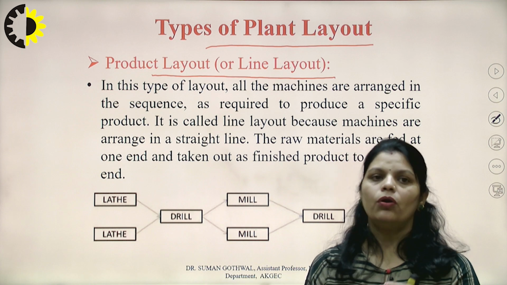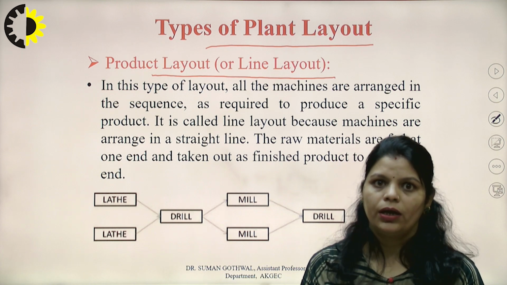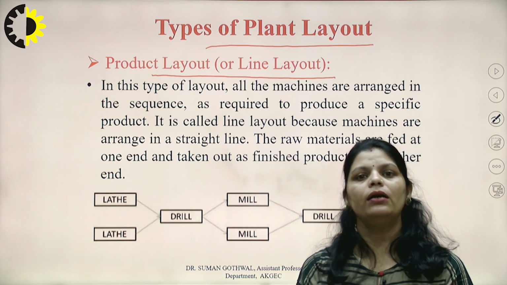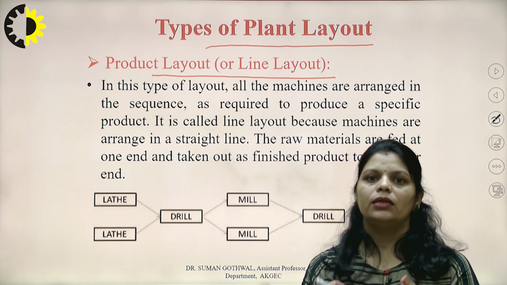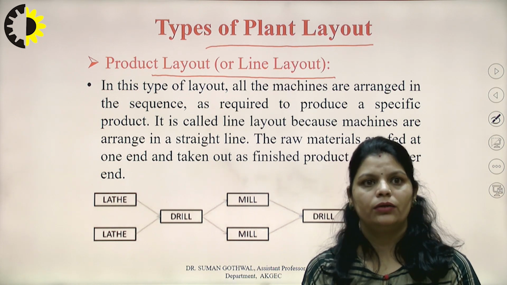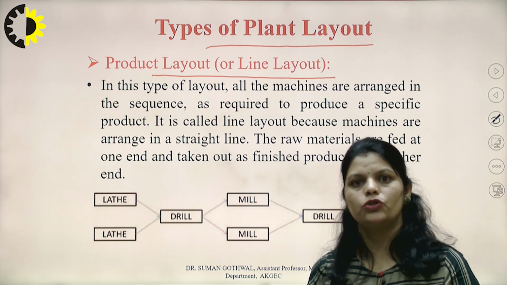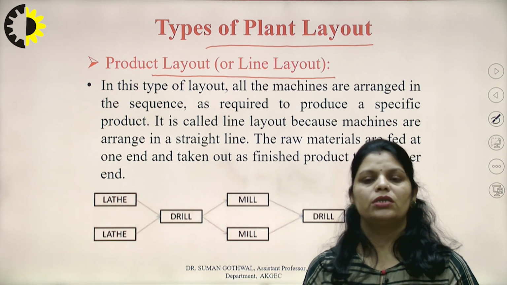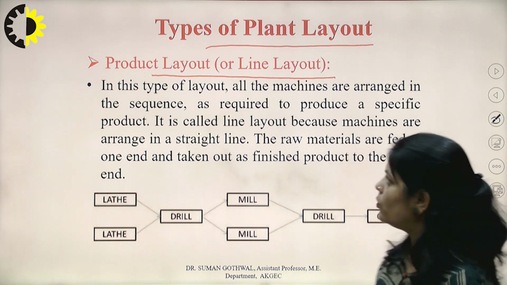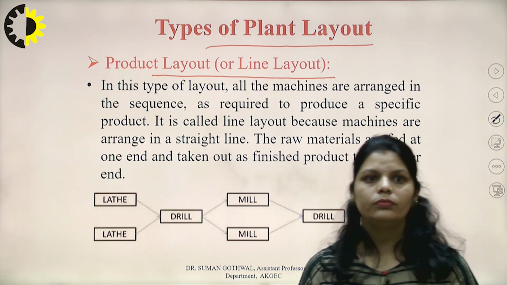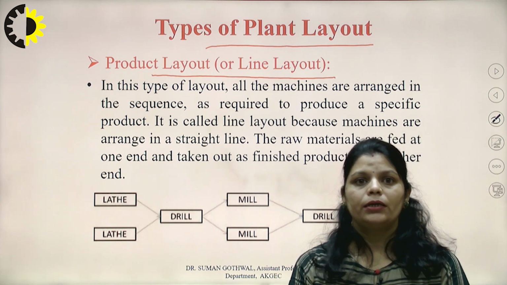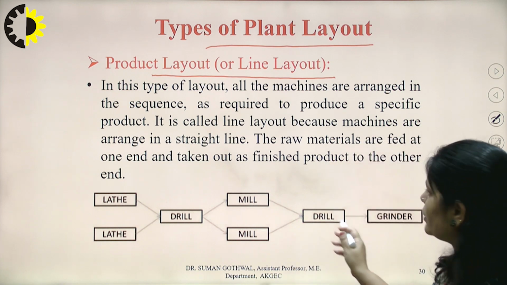Only one type of product is produced in an operating area, and this product must be a standard one, produced in large quantities in order to justify the product layout. Clear? Here the raw material is provided at one end.